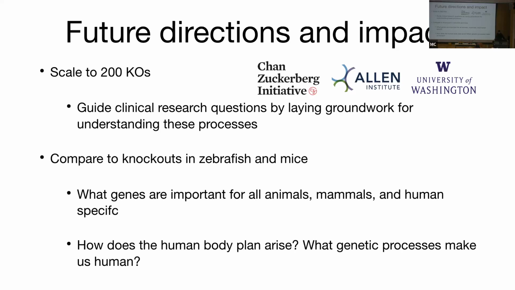So by scaling up to 200 different genes, we'll be able to guide clinical research trials and help them focus in to develop therapeutics or potential cures for these early genetic disorders. On top of this, we're also planning on comparing these knockouts with developing zebrafish and developing mice. And this will give us comparative knowledge on what's important to make a human versus what's important to make mammals or animals in general.